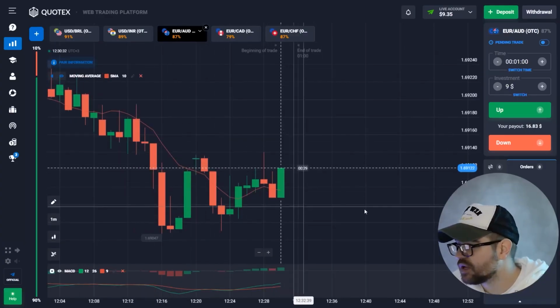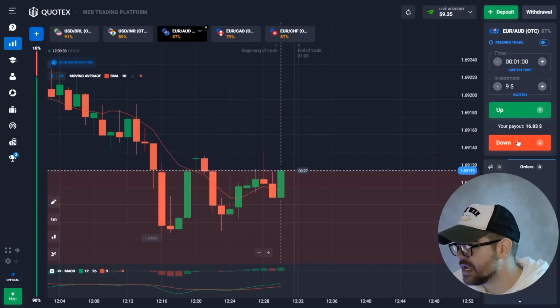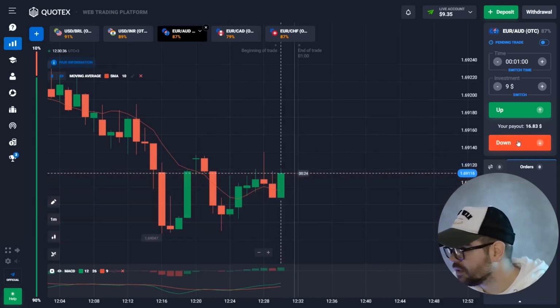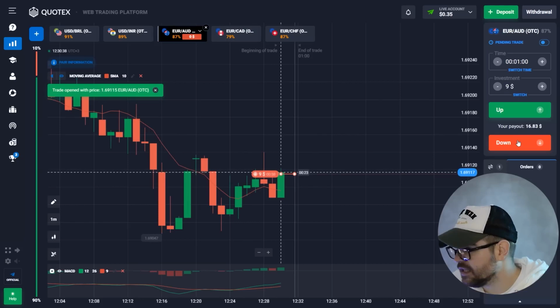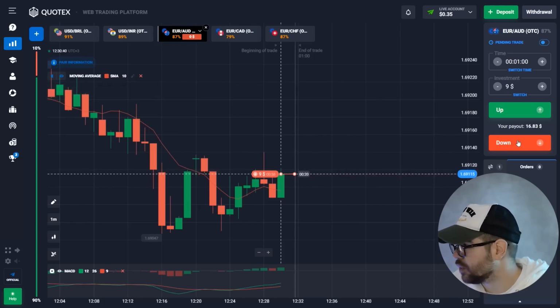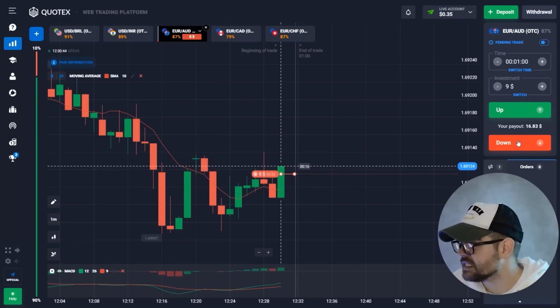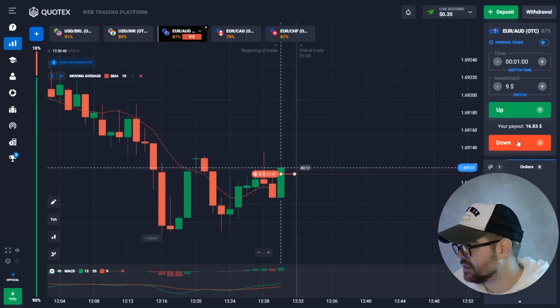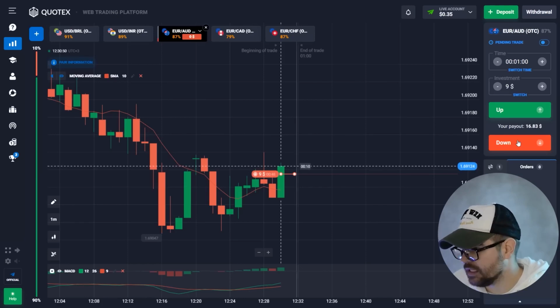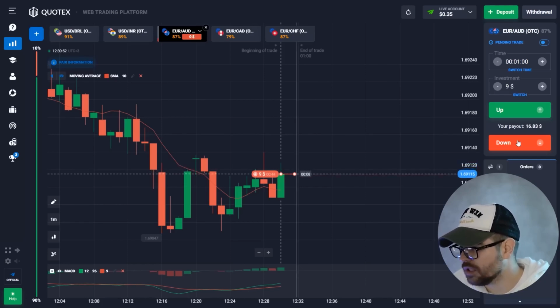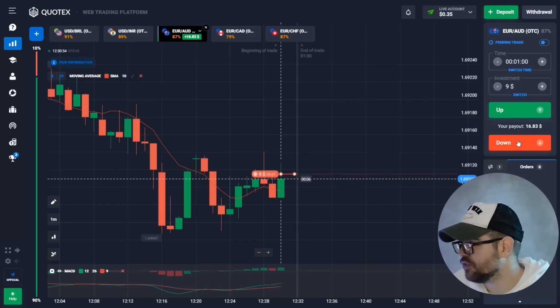So straight away here I'm gonna go for a put option because we see the price lowering from the moving average that acts as a resistance level basically. And we see that while being on this pullback, the price is moving down.